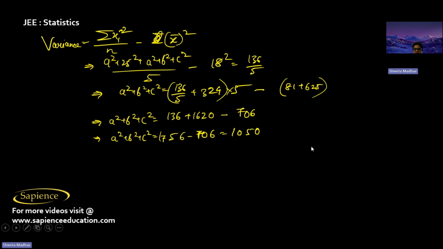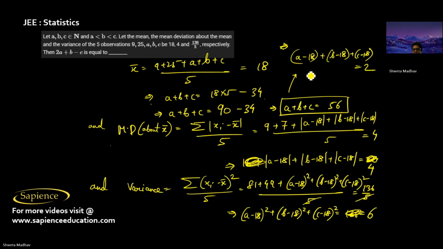Now here we consider that it is given A is less than B is less than C. Means that B and C are more than 18. Suppose A is less than 18, but B and C are more than 18.